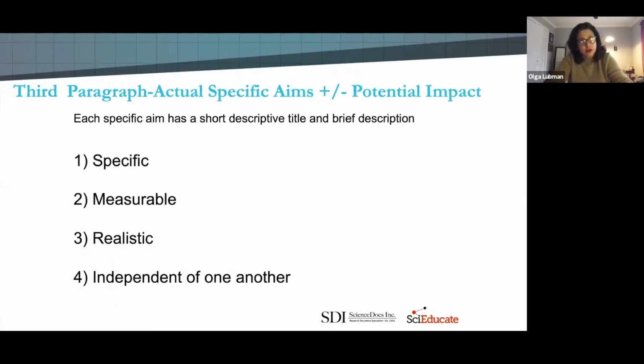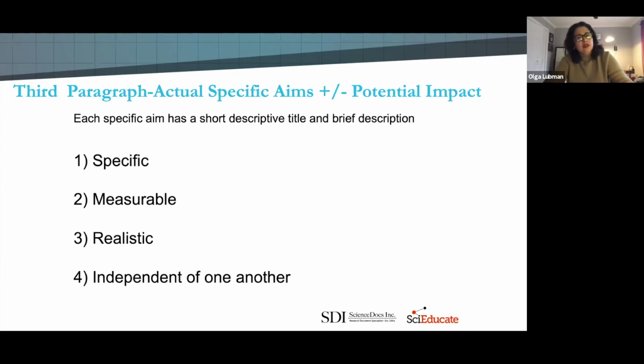Okay, the third paragraph. The third paragraph is the actual specific aims. And here you have a choice whether you add the potential impact and weave it into your specific aims, or you leave that separate. Each specific aim needs to begin with a short, declarative, descriptive title.